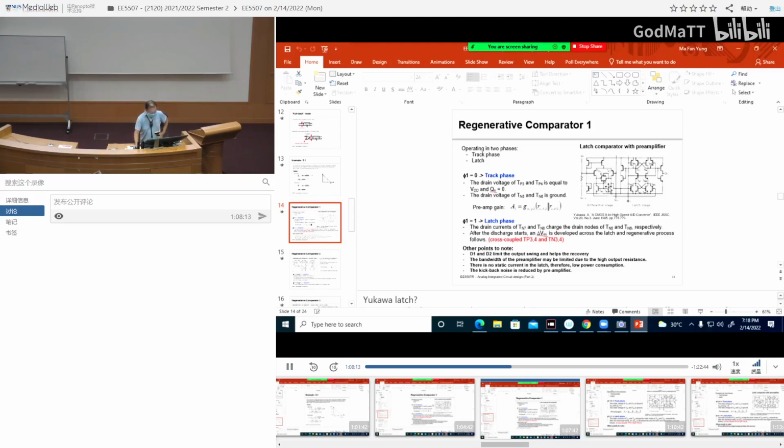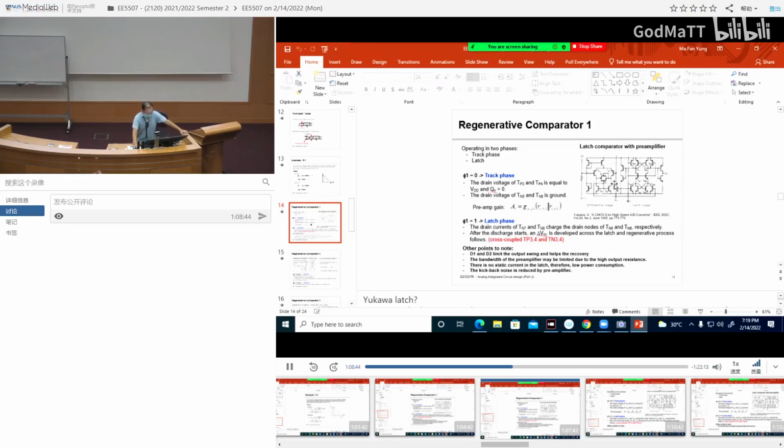So the input is here, compared with this reference. And here is the output of the first stage, which amplifies the input. The gain of the first stage is gm times Ro, where gm is that of the input differential pair and Ro is the output impedance at this node here.